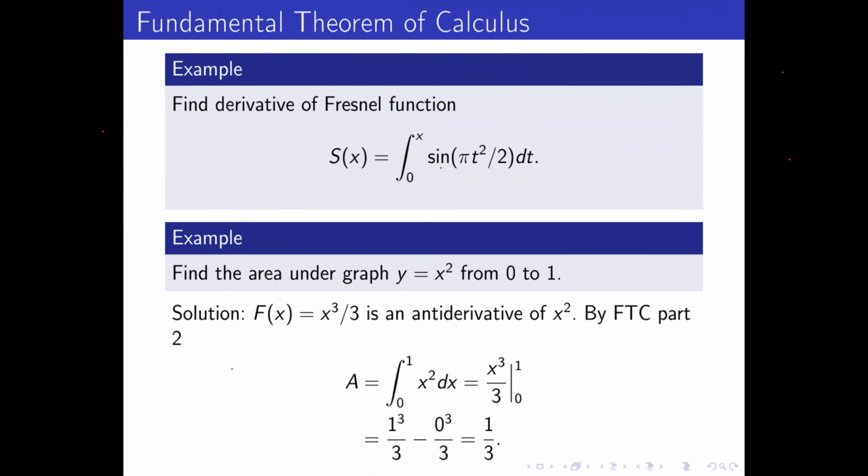Once you know that x cubed over 3 is an antiderivative, from our table of antiderivatives, you put it here and evaluate from 0 to 1, and you get 1/3. We also obtained this using Riemann sums, but it took much more work. Here it's quite simple.